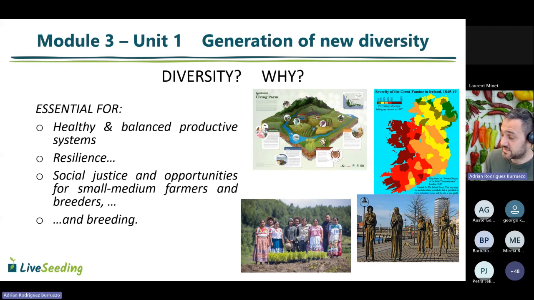Also within this concept of diverse ecosystems and productive systems, we can link it to the concept of resilience.